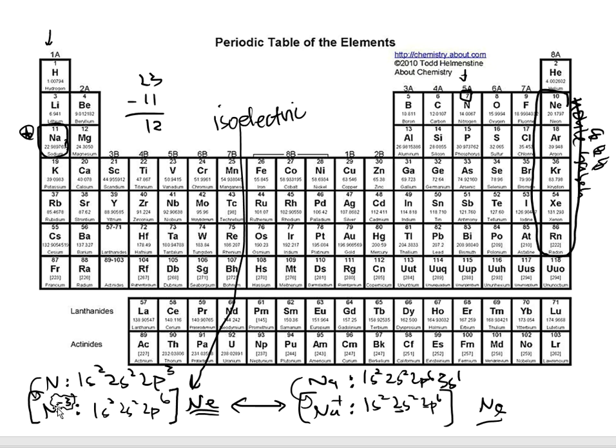If it's negative, you have gained those electrons. There's more of them now at this point. If they're positive, then you've lost that many. So if there was a positive 3, you have lost 3 electrons. If this was a -2, you've gained 2 electrons to give it a -2 charge.